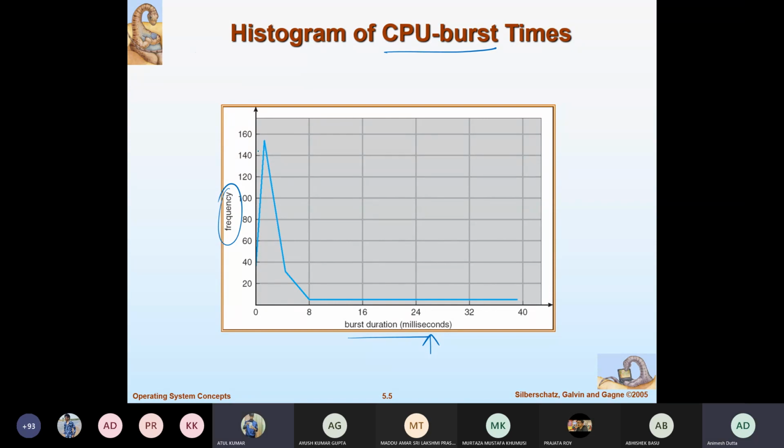If you see around 155 CPU bursts of this duration, that means 150 CPU bursts are of duration maybe 3 milliseconds. There are some which are of 8 milliseconds. Then your 6 kind of like this.